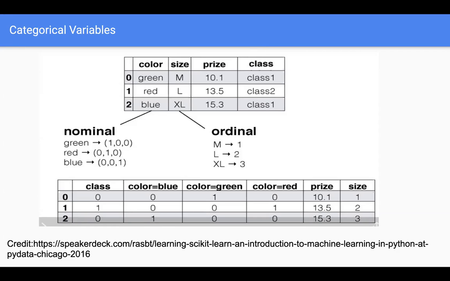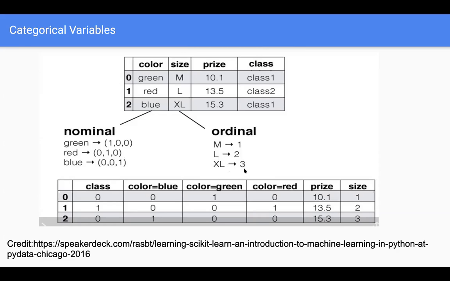So you could have something called nominal encoding. In this, green could be converted into a vector such as 1, 0, 0. Red could be converted into 0, 1, 0. Blue could be represented as 0, 0, 1. Similarly, we could also denote M as 1, L as 2, or XL as 3.